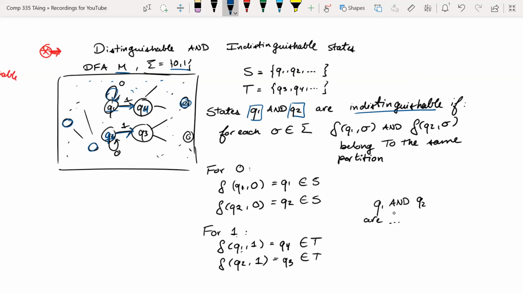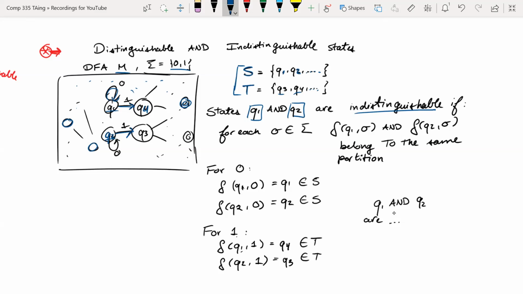In this case, I've said that states Q1 and Q2 belong to partition S. There could be more, but just for the sake of this explanation, I'm reserving my partitions to S and T. S is the partition that contains Q1 and Q2, potentially other states, I don't really care. And T is the partition that contains states Q3 and Q4 and potentially other states.